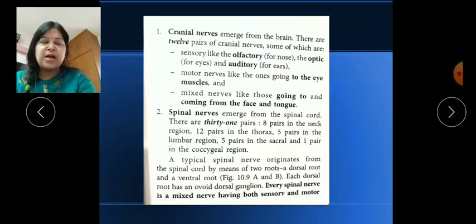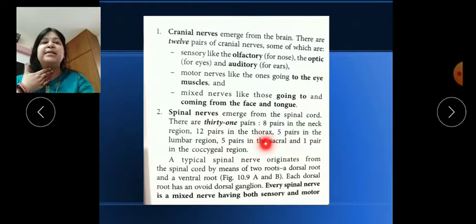Okay, now spinal nerves. Spinal nerves emerge from the spinal cord, they are 31 in number. Remember, they are distributed, you can see in this slide, 8 pairs in the neck, 12 pairs in the thorax area, 5 pairs in the lumbar area, and 5 pairs in the sacral area.